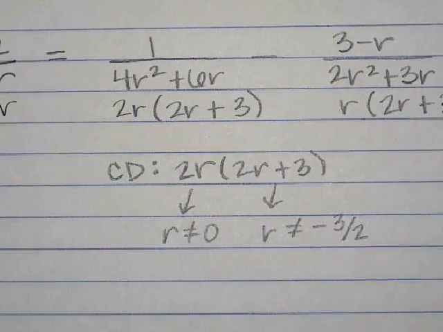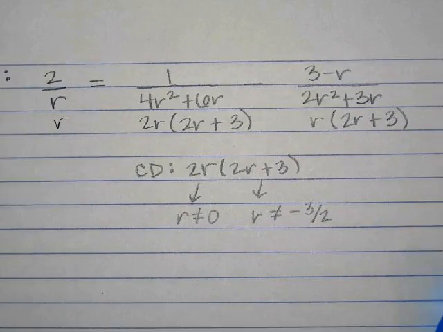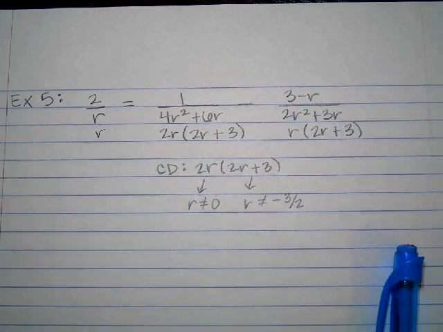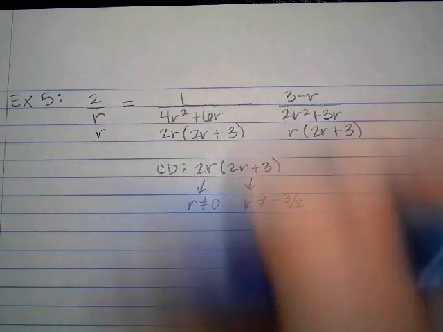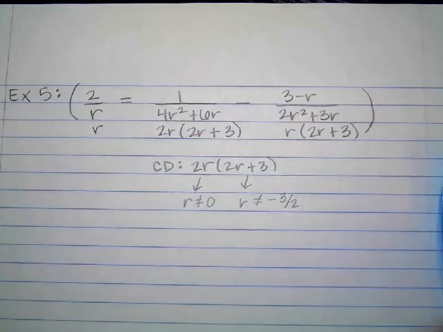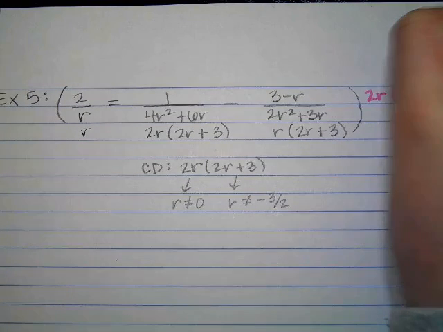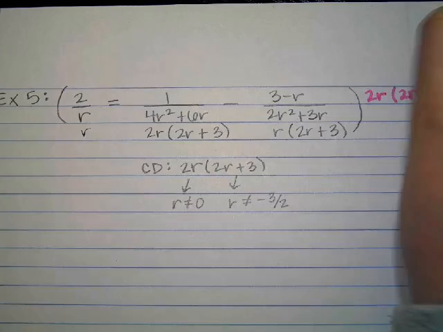Oh, zoom out. Zoom out. There we go. Okay. We're going to multiply it by 2r times 2r plus 3.